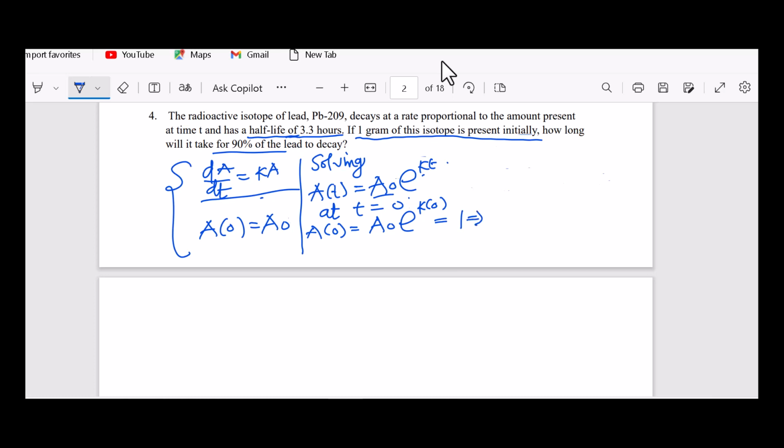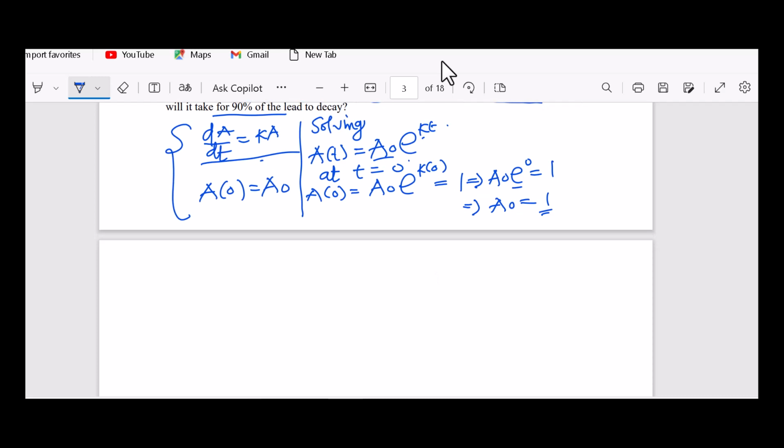This will imply that we have A naught e power 0 equals 1. This is 1, so this implies that A naught equals 1. So that is our A naught there.